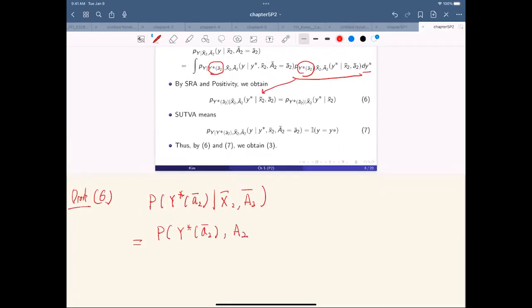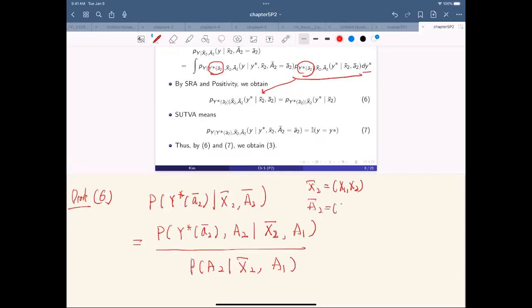I think it's like this actually, because we are doing it sequentially. So the notation x bar 2 is x1 and x2, right? And A bar 2 is A1, A2.